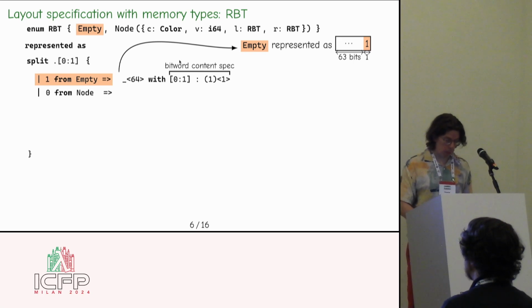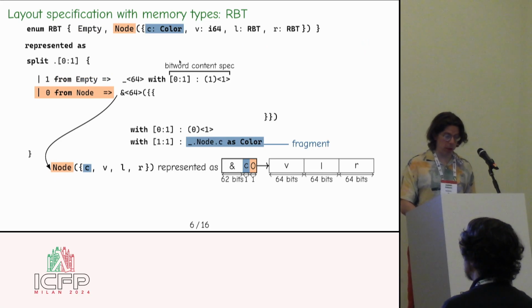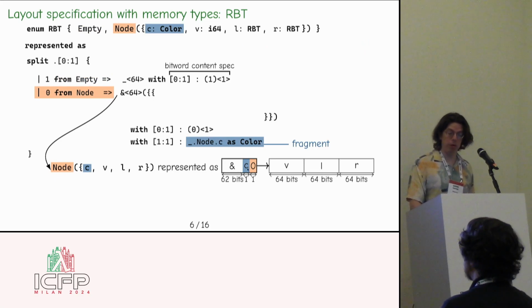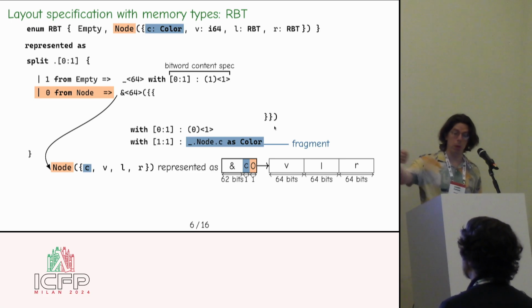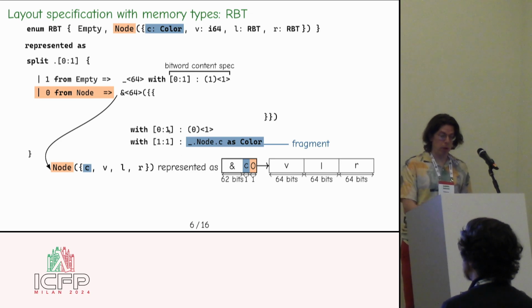Excellent. Now, in the node case, I told you the node is a pointer to 3 fields. And so this is a pointer here. And we're going to have a bunch of stuff as a pointee. But first, we have to specify the lowest bit of the pointer, because we're going to steal the lowest bit. One of them is going to be a 0, again, here.